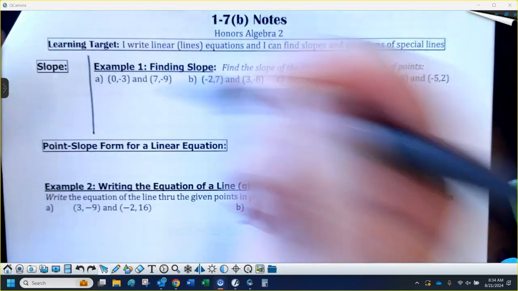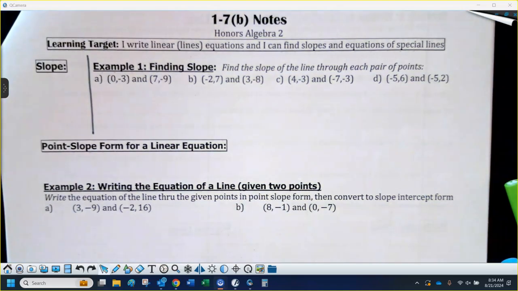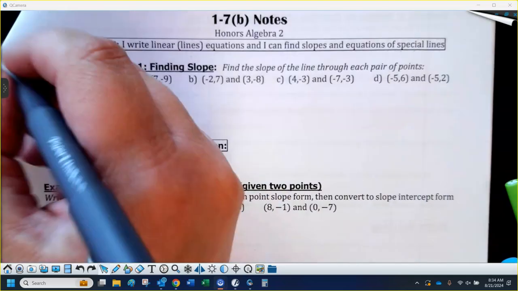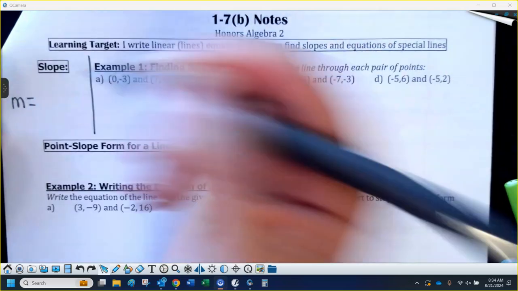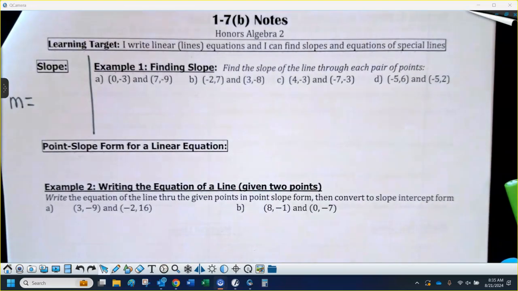Does anybody remember how to find the slope of a line? Do you remember the little formula for it? It's your rise over run, but do you remember it if you have just points? Yes, very good. I'm just going to put M because, except for standard form, in all the other formulas for the equation of a line, M stands for your slope.